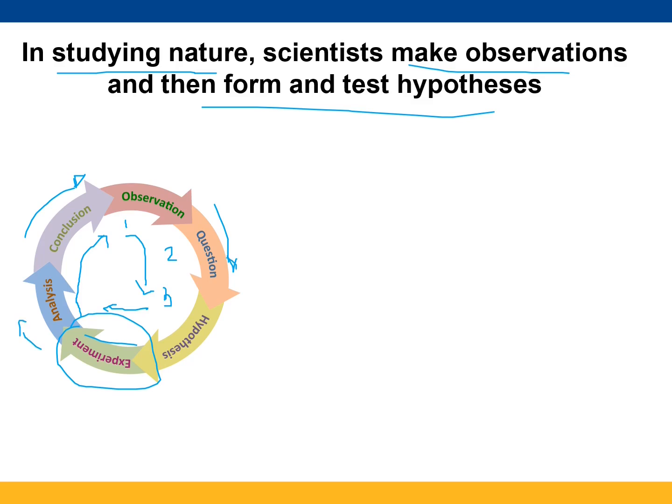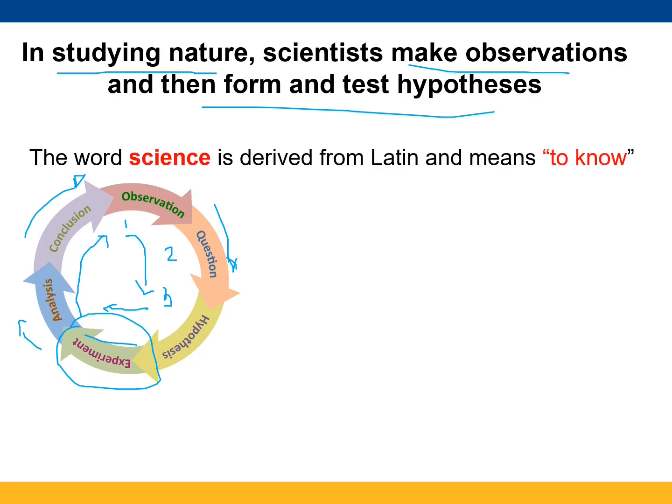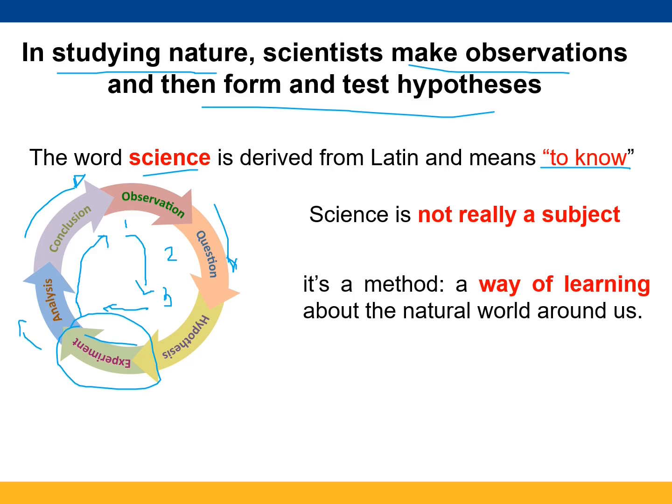And there are three important things to tell you besides it. The word science is derived from Latin and means to know, and science is not a subject. It is a way of learning about the natural world around us. So we have biology, chemistry, physics, math, but all of them use this scientific method, this way of testing hypotheses.